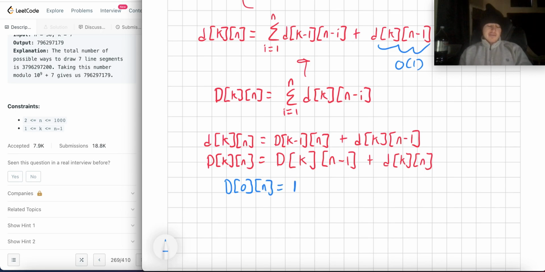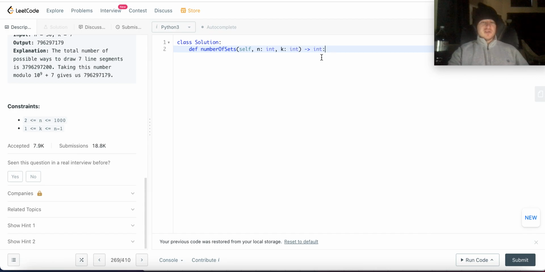Because for any k value, if you have, how many ways can you distribute nothing to any space? One way, doing nothing. Right, so that's basically what this is saying here. For any n value it is 1. Okay. So let's go ahead and just walk through this recurrence relationship and see if it can get us to the solution.